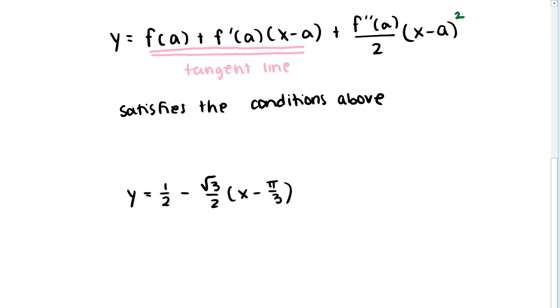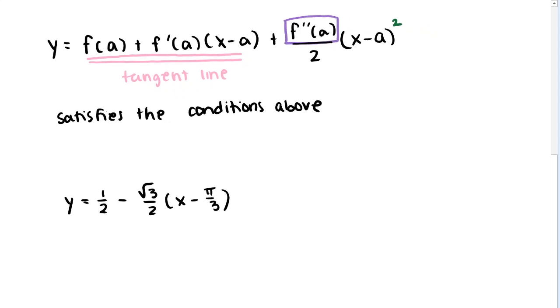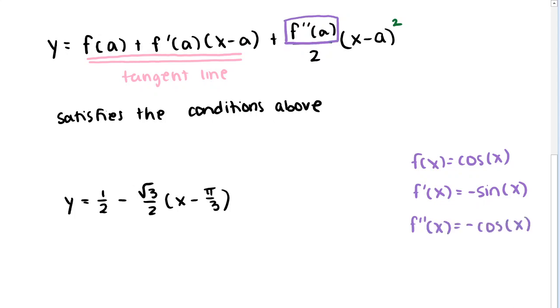What we need to do is find f double prime evaluated at a, and then we'll be done. Earlier we had f of x is equal to cosine of x. We said that f prime of x is equal to negative sine of x, and f double prime of x is equal to negative cosine of x.